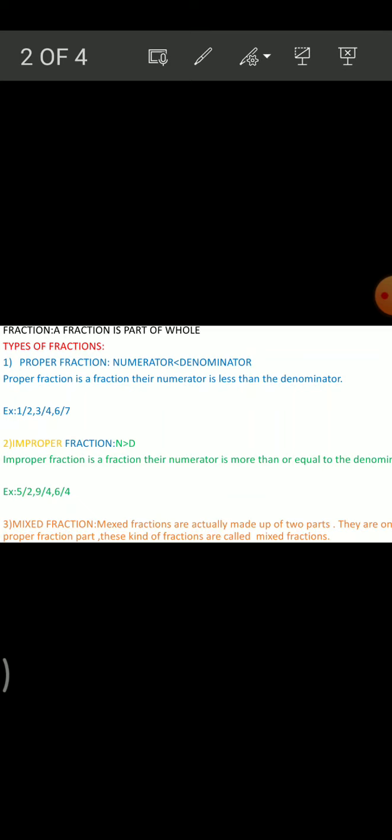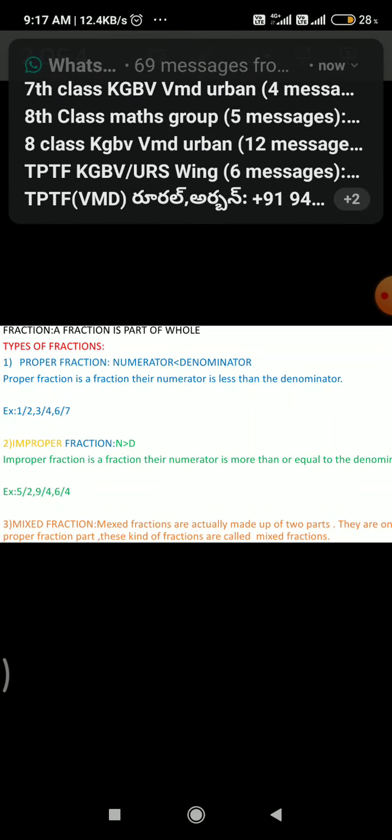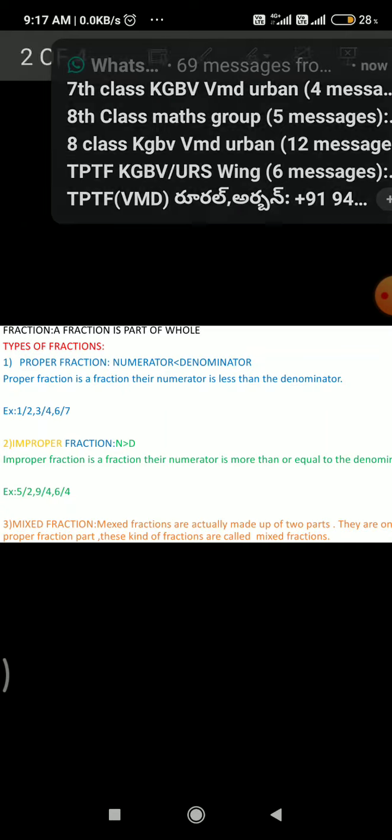A proper fraction is a fraction whose numerator is less than the denominator. For example, 1 by 2, 3 by 4, 6 by 7. In every case, the numerator is less than the denominator. Okay, children? These are proper fractions. These are the examples.